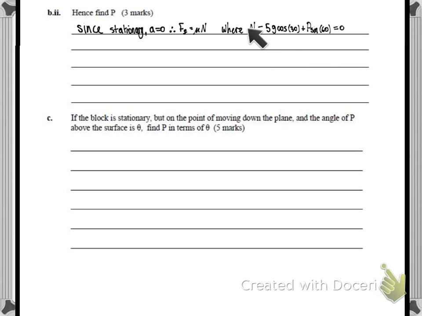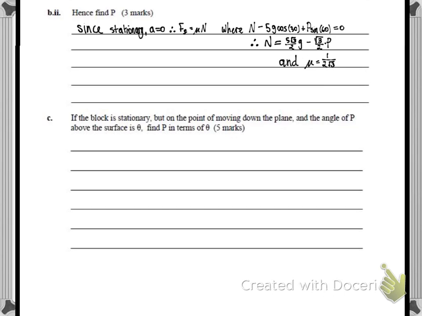Alright, N newtons up minus the cos component of the weight. But there's also the sine component of the P force, also in the positive j direction, and it's stationary in the j direction, so acceleration is 0. And from that we get an expression for our normal reaction force. There it is.